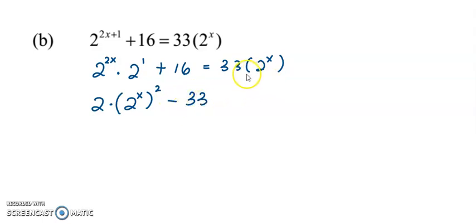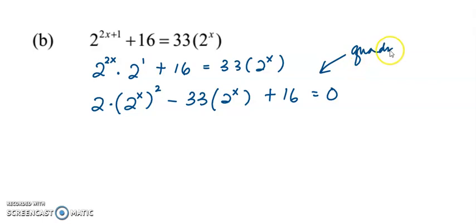And I move the right hand side term with 2 power of x to the left side. I get negative 33 times 2 power of x plus 16 equals 0. So as you see, now my equation becomes the general form of the quadratic equation.